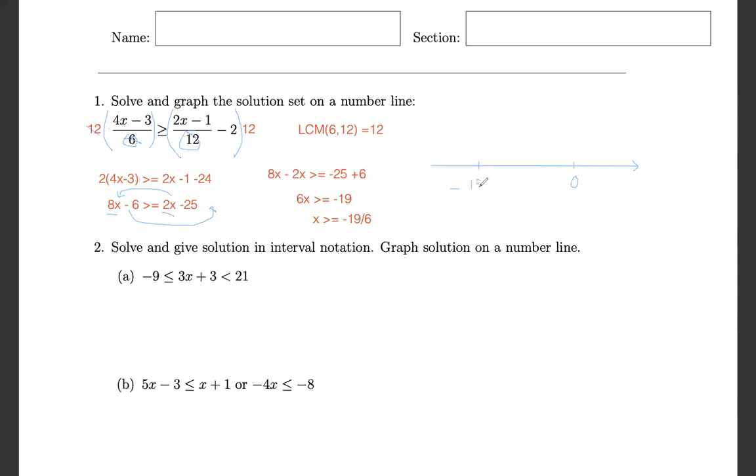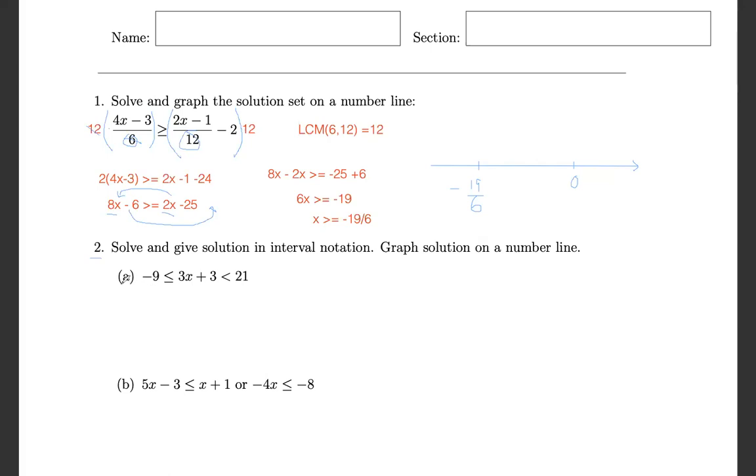We only have to mark those two numbers for this question. Sometimes we may need to mark more numbers. Always mark the origin first, because towards the right-hand side of 0 is positive, towards the left-hand side negative. Then we mark -19/6. And that's it.